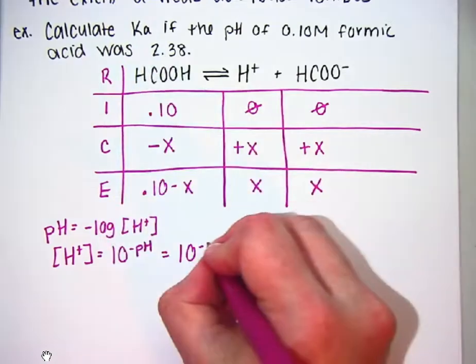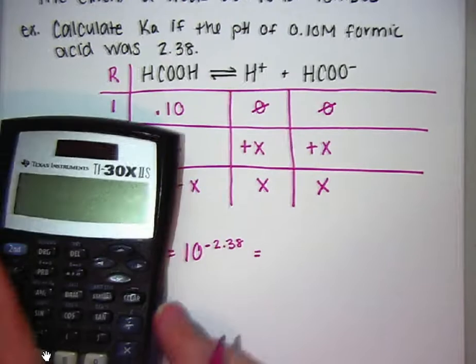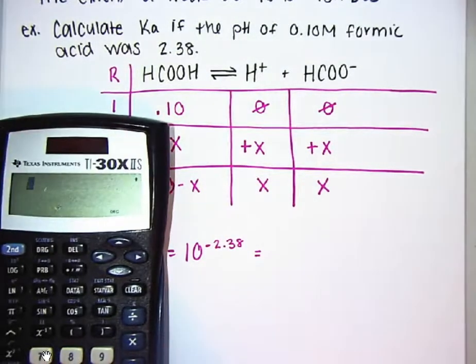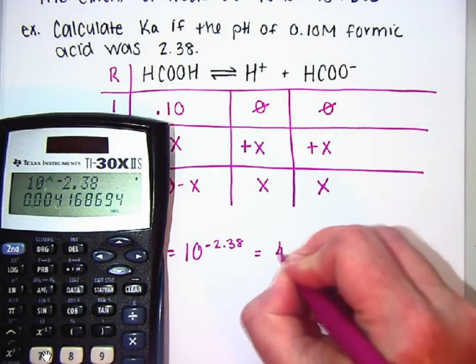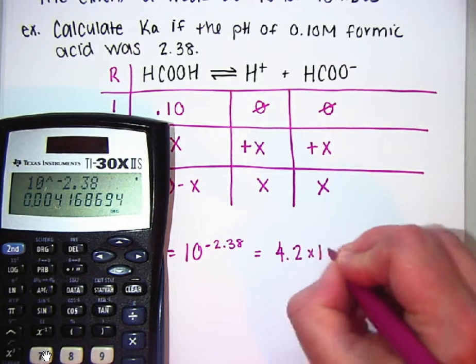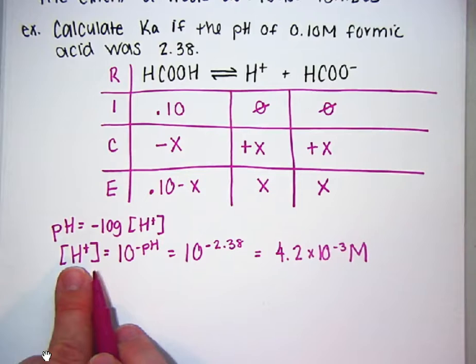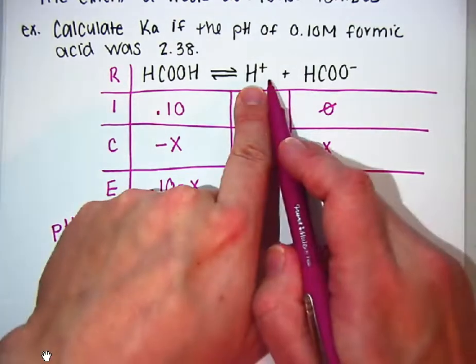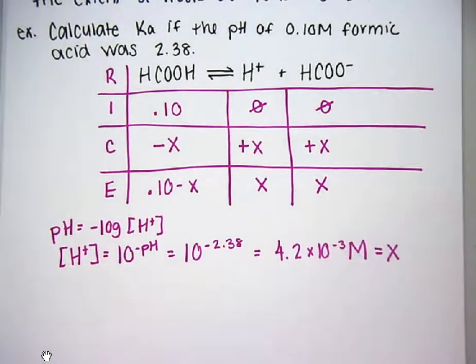My pH is 2.38, so now I can figure out the hydrogen ion concentration. 10 to the negative 2.38 gives me a hydrogen ion concentration of about 4.2 times 10 to the negative third. So this is the concentration of H+. The concentration of H+ at equilibrium is equal to x.